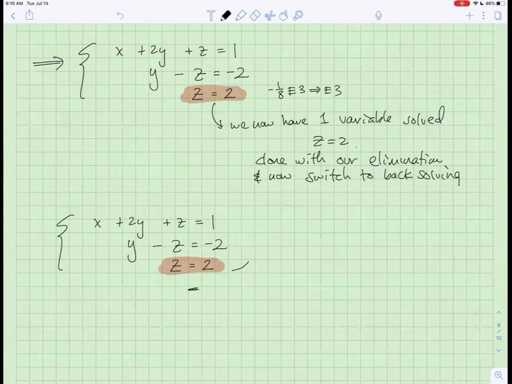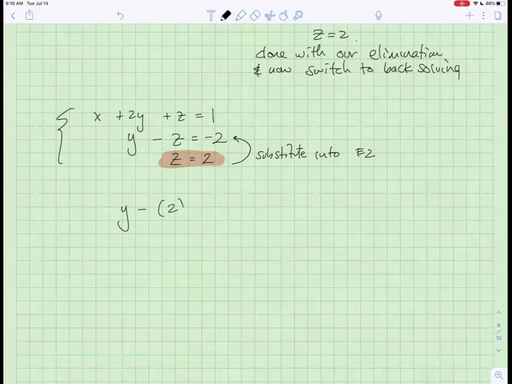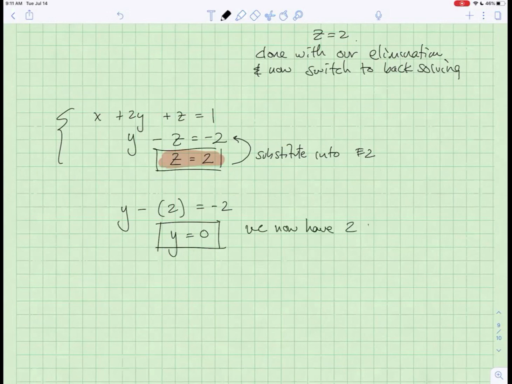So what we're going to do here is we're going to substitute into equation 2, the equation just above it. And that's going to tell us that y minus 2, which is z, is equal to -2, or y equals 0. So now we have two variables solved.